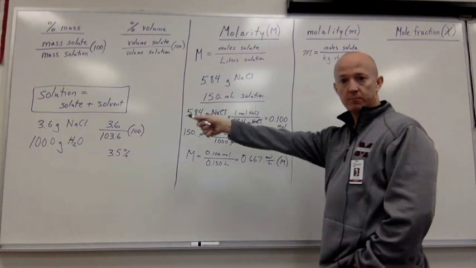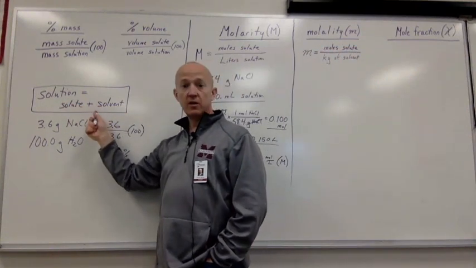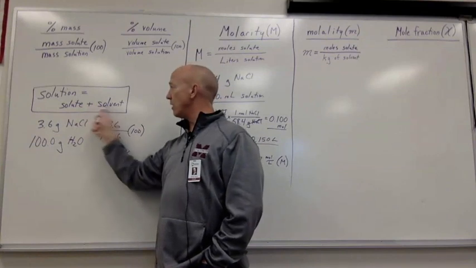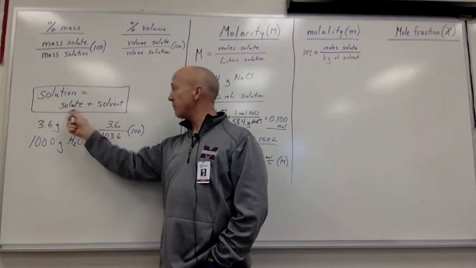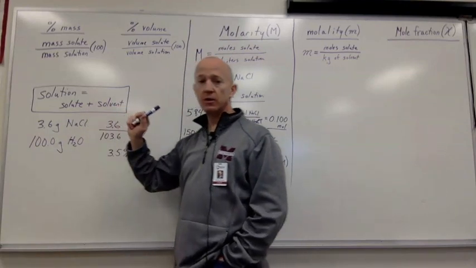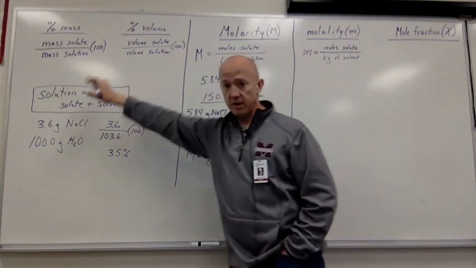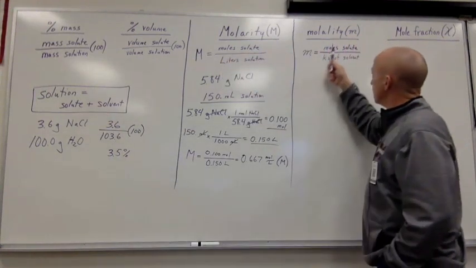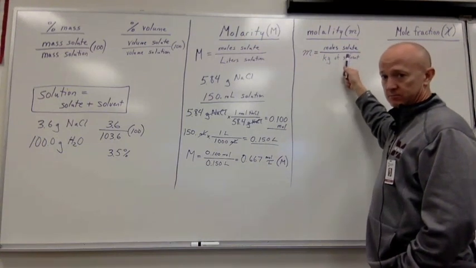Now, back over here, remember this? Solution equals solute plus solvent. Now we're only dealing with one aspect of the solution, not both, just one. So molarity is moles of solute per liters of solution, the whole thing. Molality is moles of solute per kilogram of solvent.